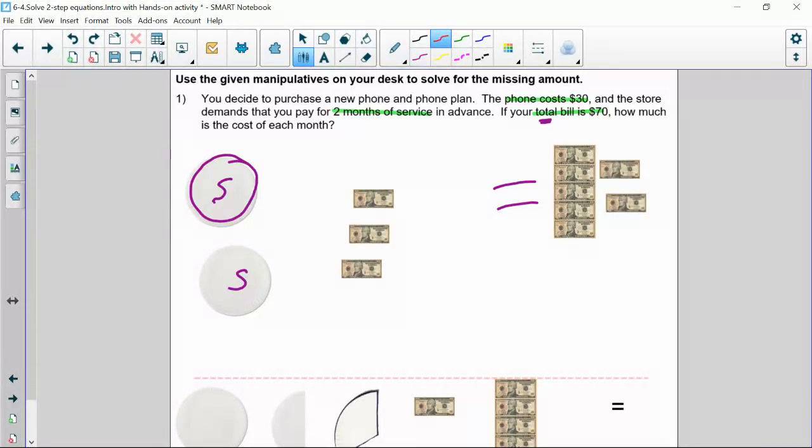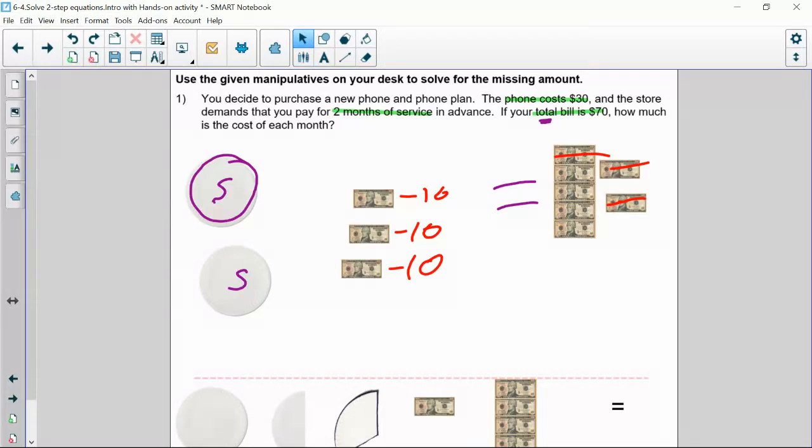Well, if we have positive 30, we know what is the opposite of a positive? A negative. Say we're putting some negative 10s in there to make our 0 pairs, just like we would over here if I had to take out 3 of these. So these are now gone. Then we have to figure out with what is left how much goes on each plate.